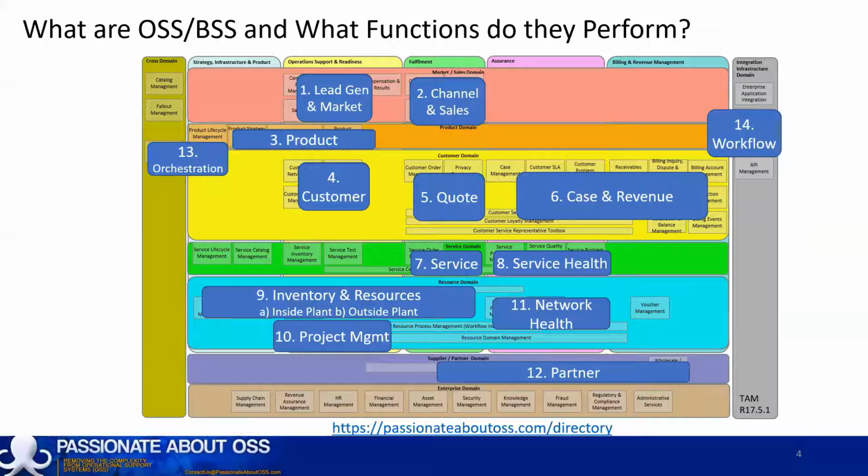Now, let's consider how an end-to-end journey might flow through these functions. Let's use the example of an O to A, or order to activate. Depending on the service type, it might travel across functionality spread across 1, 2, 4, 5, 7, 14, 13, 9, 10, 12.